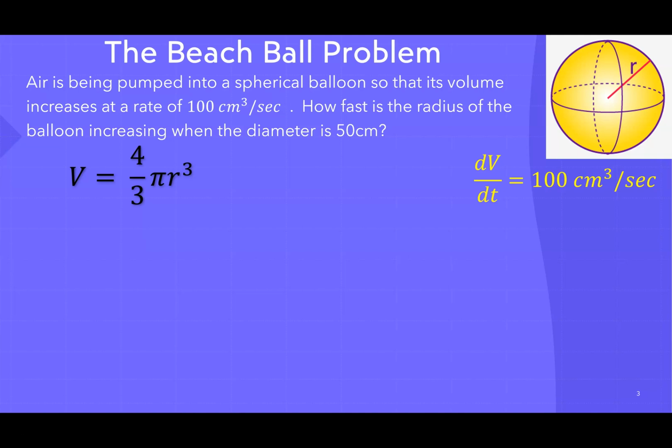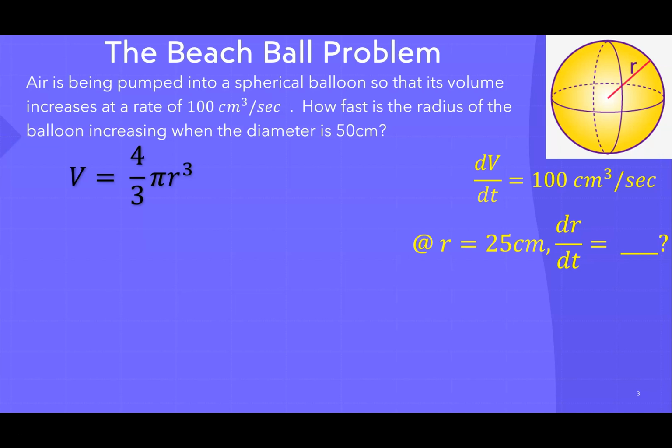Okay, so dV dt is 100. Now the question is asking, at the moment when the diameter is 50 centimeters, or we would say at the moment when the radius is 25, what is the rate at which the radius is increasing? In other words, what is dr dt when r is 25?